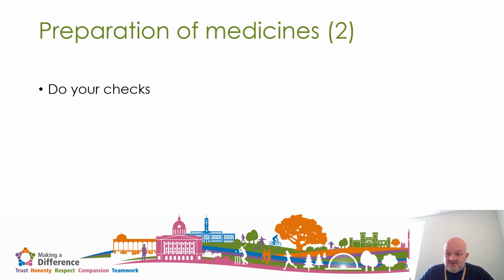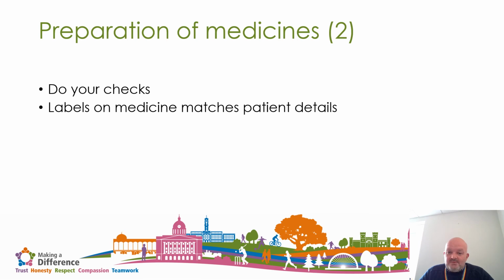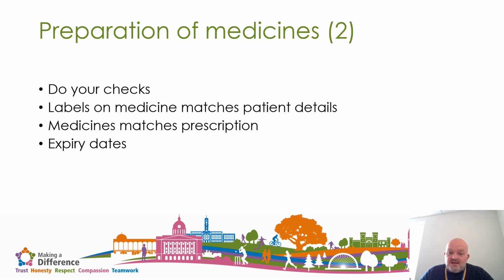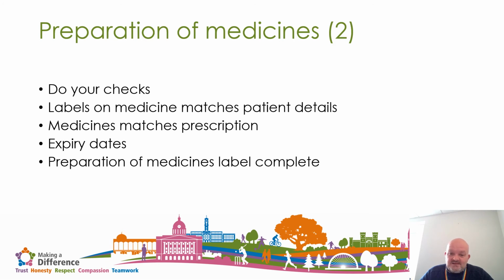We're obviously going to make sure we're doing our checks. We're always going to make sure that the medication matches the patient's prescription. We're also going to make sure the expiry dates are well within date.